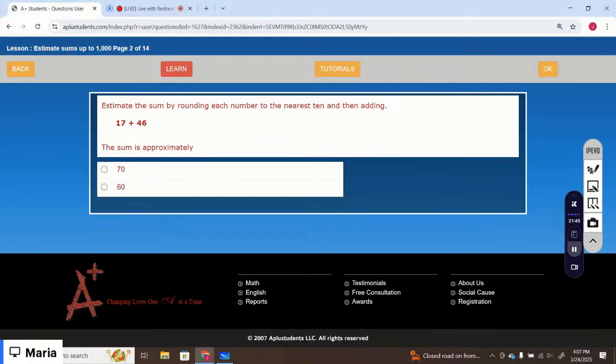Okay, let's move on to the next one. Estimate the sum by rounding each number to the nearest 10 and then adding 17 plus 46.